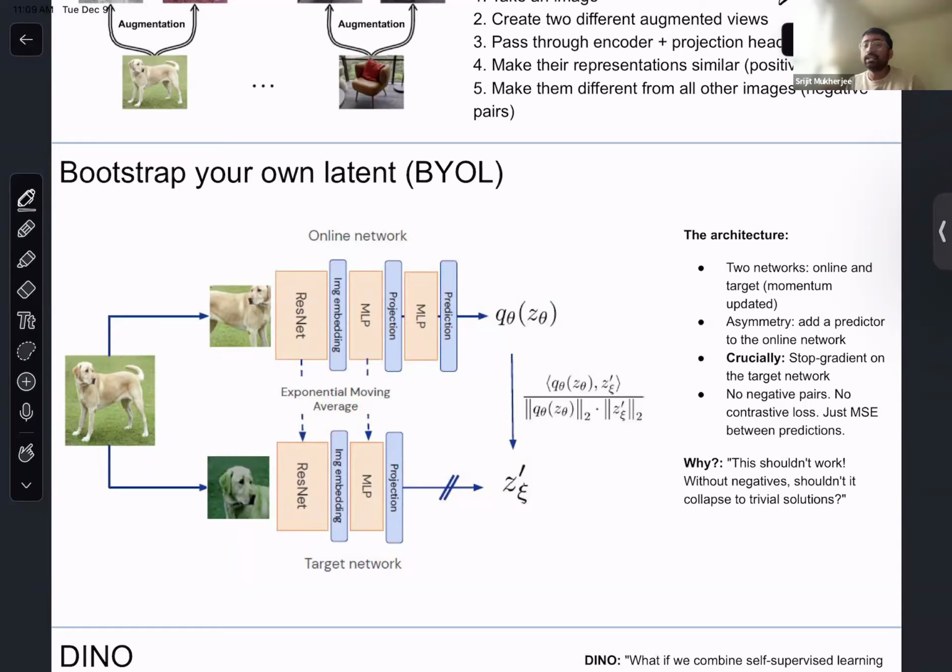Is there a different approach? It turns out that yes, there is, and the idea they took was kind of similar to this.